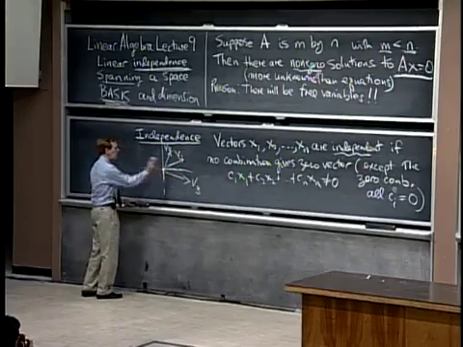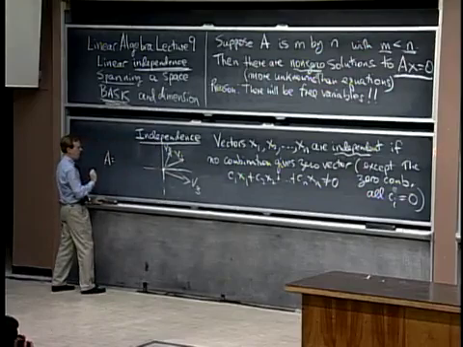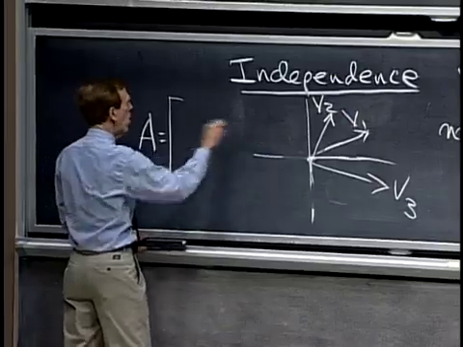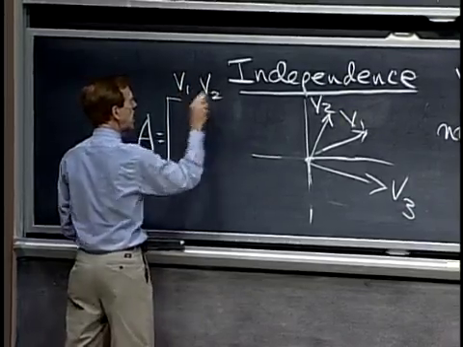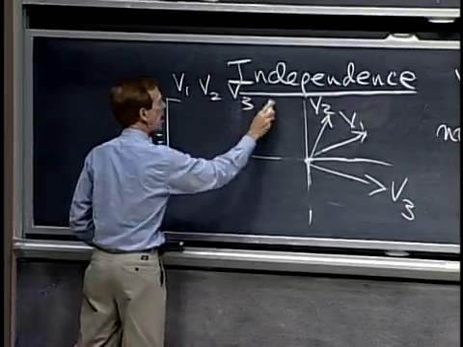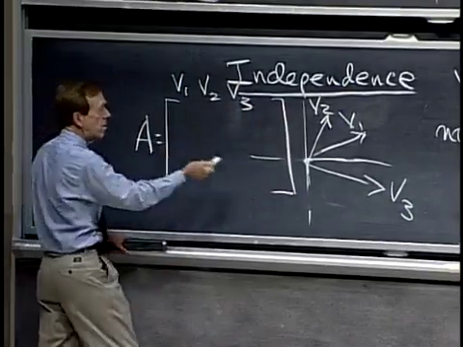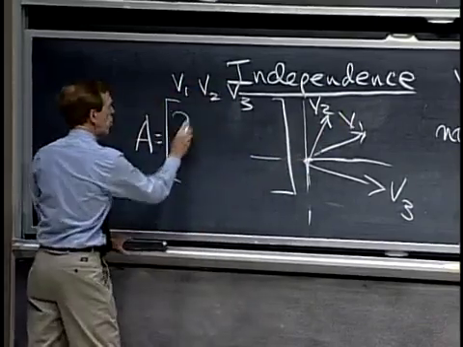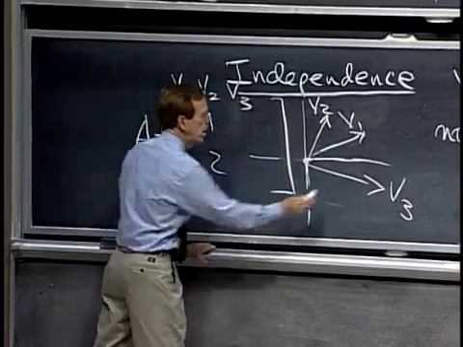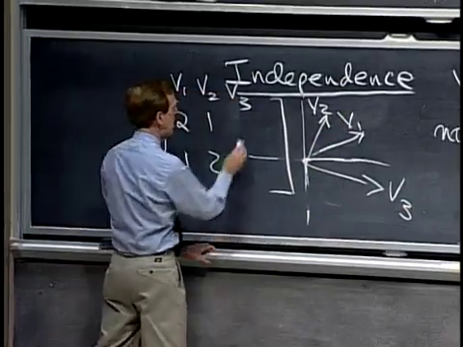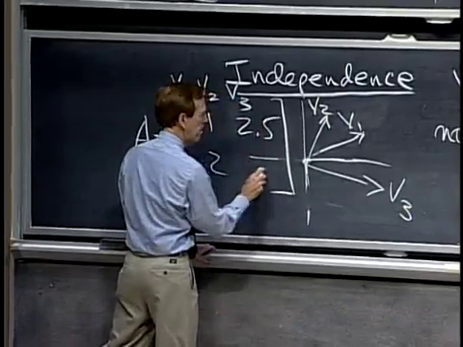Why is that? What's the connection between the dependence of these three vectors and that fact? Okay, so here's the connection. I take the matrix A that has v1 in its first column, v2 in its second column, v3 in its third column. So it's got three columns, and v1, I don't know, that looks like about 2, 1 to me. v2 looks like it might be 1, 2. v3 looks like it might be maybe 2, maybe 2.5, minus 1.